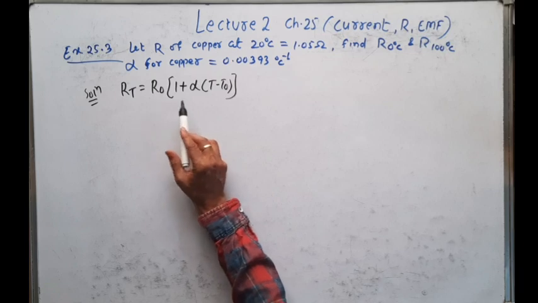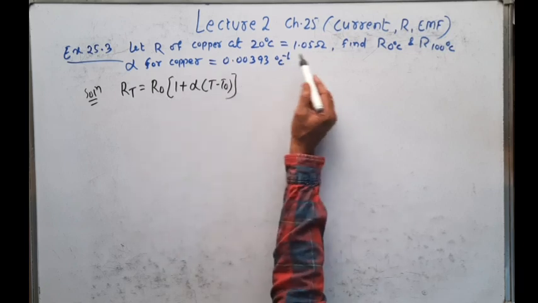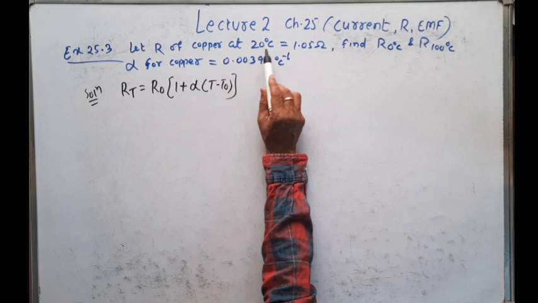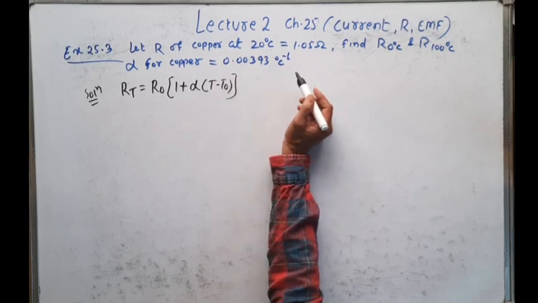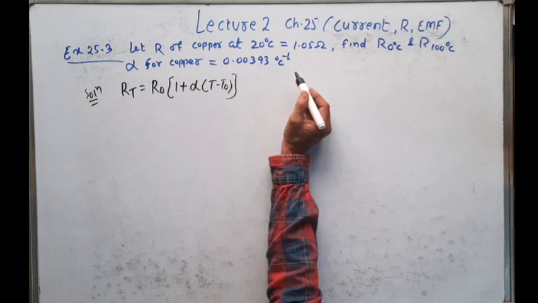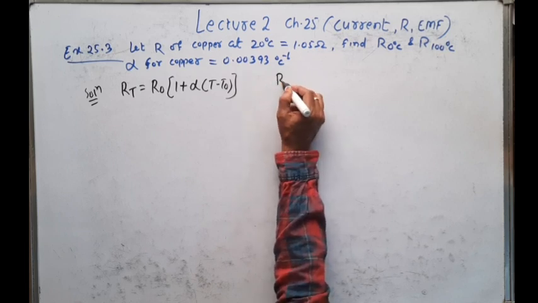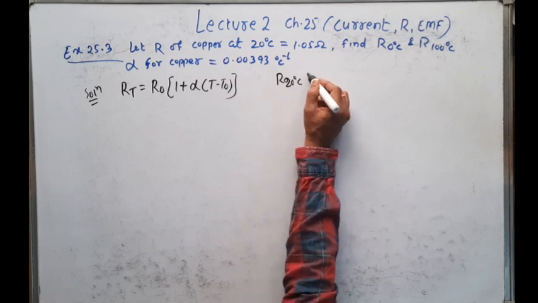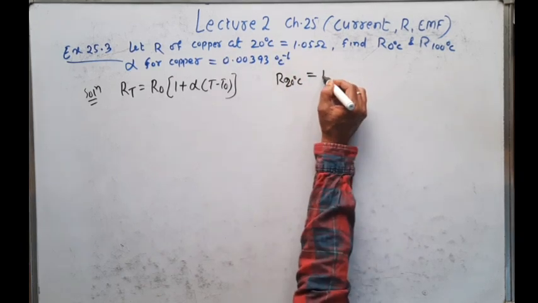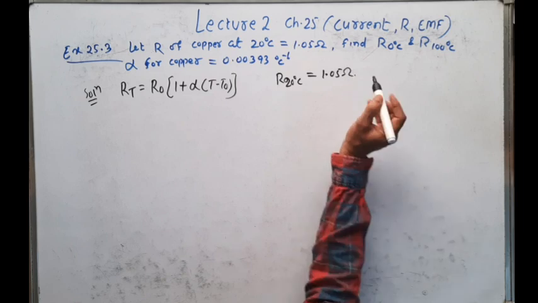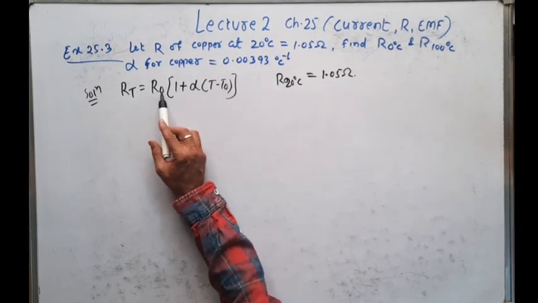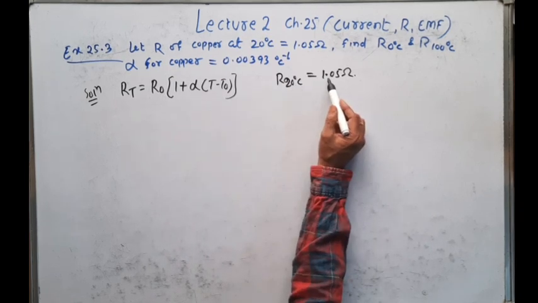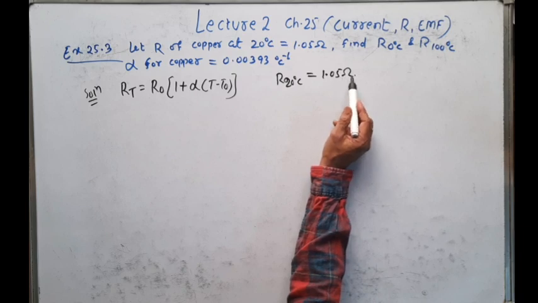What is the resistance given at 20 degree centigrade? It is 1.05 ohm. So that means this is the initial resistance R naught, which is equal to R20, which is 1.05 ohm.